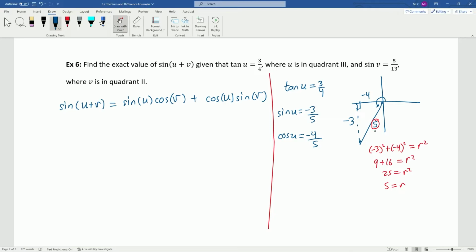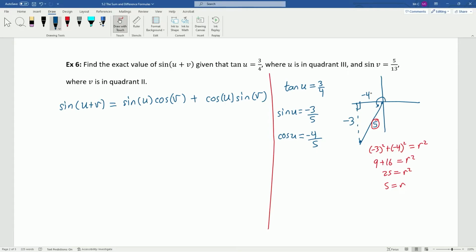Now, one little thing I want to mention here is that this was a 3, 4, 5 triangle. Sometimes they'll give you a triangle where 5 is on one of the legs. So just keep in mind, it's only a 3, 4, 5 triangle if 5 is the hypotenuse of the triangle. If 5 was one of the legs, this would not be a 3, 4, 5 triangle.